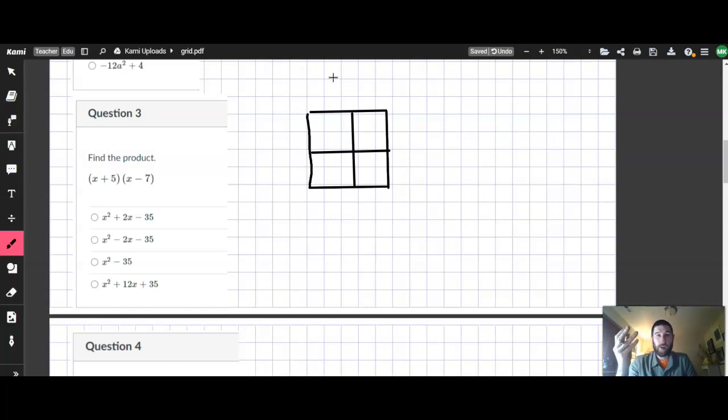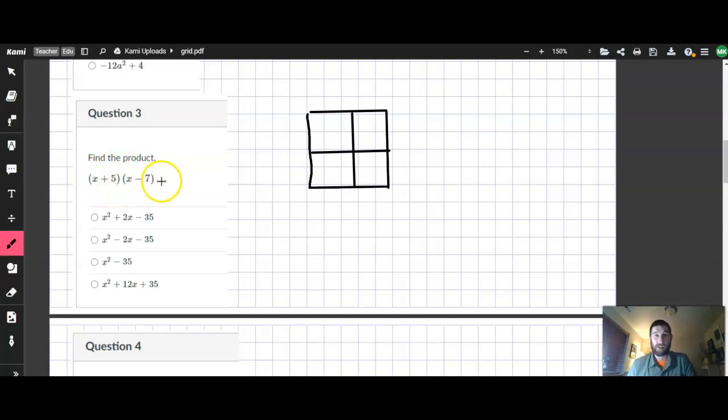We know how to find the area of a square because it's length times width. Notice the key word there was times, multiplication. We're multiplying x plus 5 and x minus 7. So we could find an area of a box treating x plus 5 as the length and x minus 7 as the width.